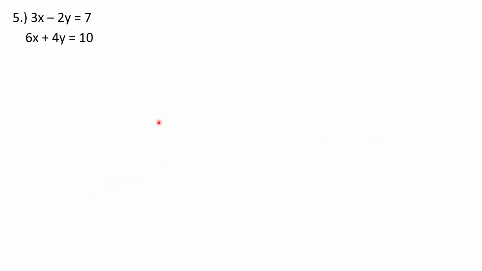For this one, what do we want to do here? We can multiply by 2 or -2 on that top equation, or what you can do is multiply the bottom equation. So here's what I'm seeing. I'm seeing 6, 4, and 10.